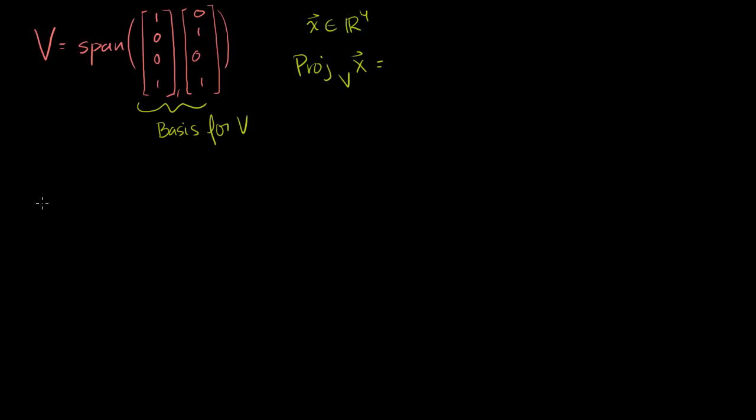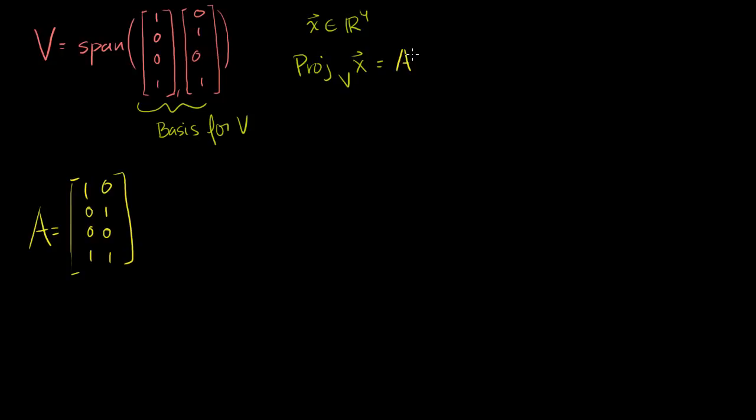Now, in the last video, we came up with a general way to figure this out. We said if A is a matrix whose columns are the basis for the subspace, so let's say A is equal to 1, 0, 0, 1, 0, 1, 0, 1, then the projection of x onto V would be equal to, and this is kind of hard the first time you look at it, it gives you a headache, but there's a certain pattern to it, or a symmetry.